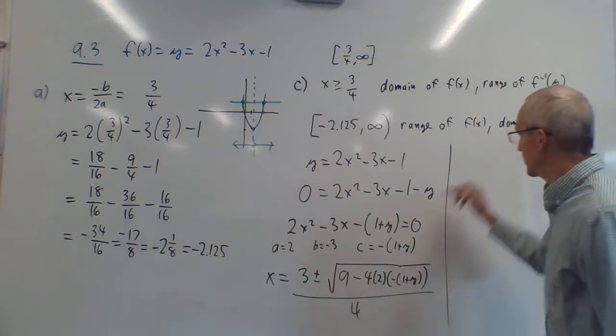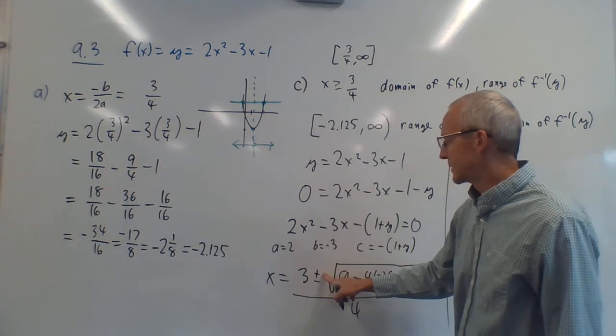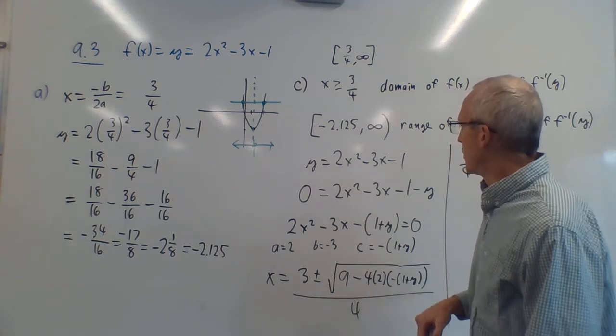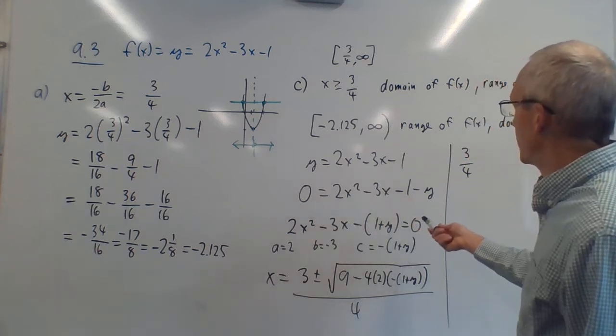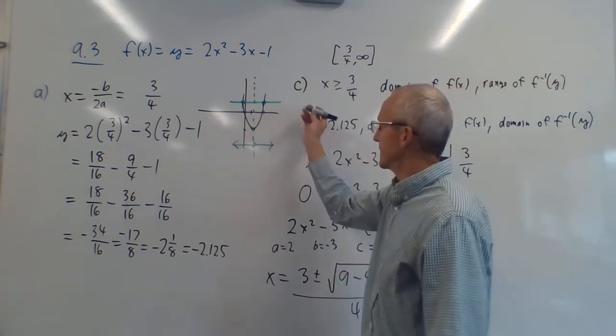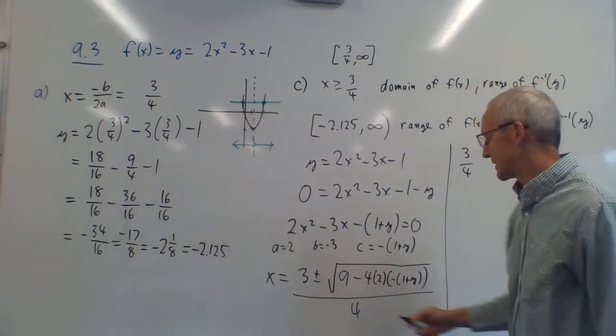So it's 3/4. We want the plus because we want the positive side of x. So far, we haven't said which side, we're just solving for the function, but we want the positive side, right? We want the bigger x's. So we know we're going to take the plus there.